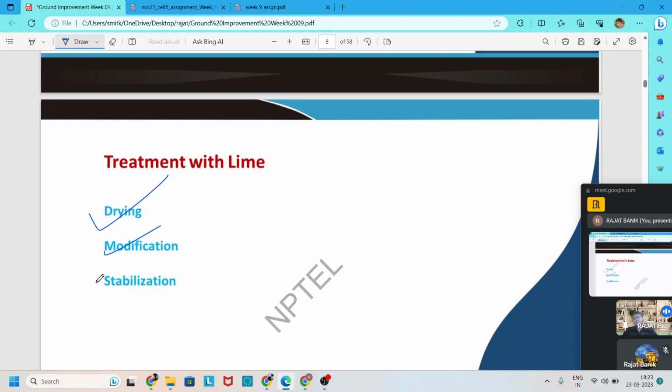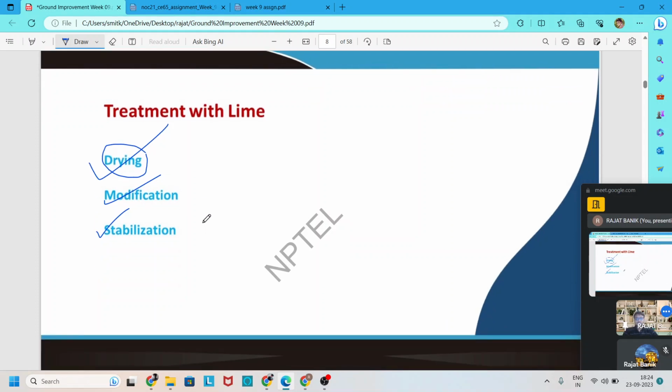Then modification. Then stabilization. By the names also we can clearly understand these different ways to improve the ground through lime. So now we discuss these three different ways one by one.